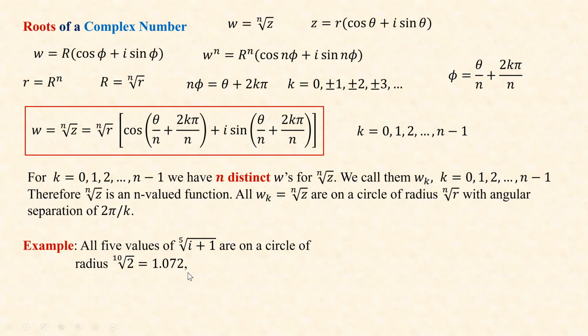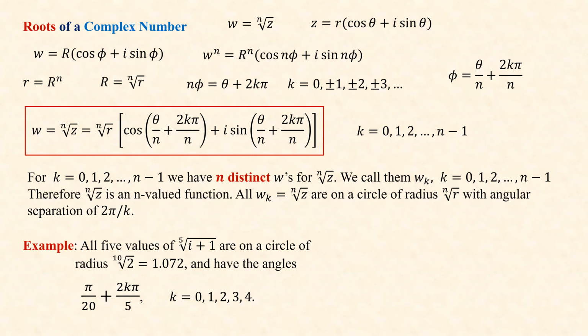That is the radius, that is the modulus, and they are separated by 2 pi over 5. And the first one is the argument of this, which is 45 degrees or pi over 4, divided by 5. All right, so we have pi over 4 divided by 5, which is pi over 20, and then plus 2k pi over 5, and k goes from 0 to 4.